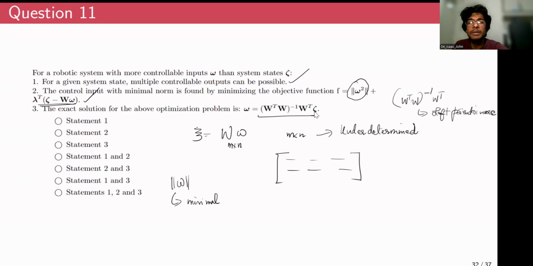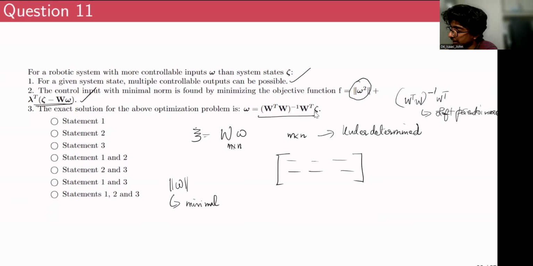And for an underdetermined system, we go for the right pseudo inverse. If you want to know the derivation or the reasoning behind that, you can refer back to the lectures of Professor Shantakumar. Or if you have any more doubts, you can raise them in the discussion forum, and maybe a TA would answer that. But for the time being, the correct answer is that the pseudo inverse for an underdetermined system has to be the right pseudo inverse.